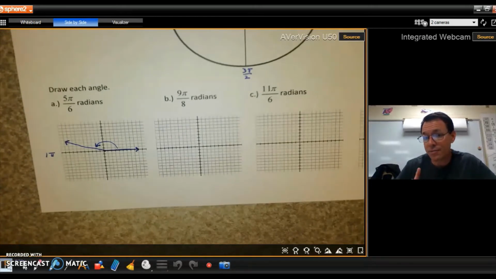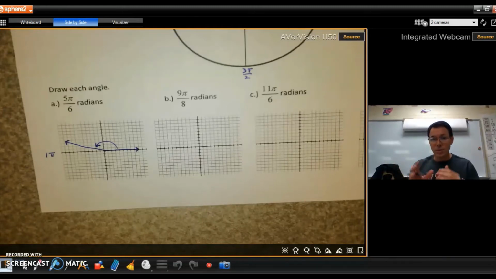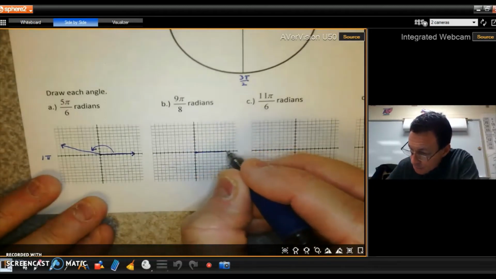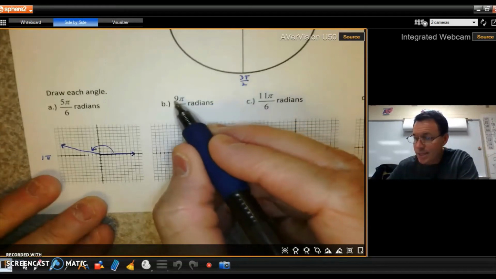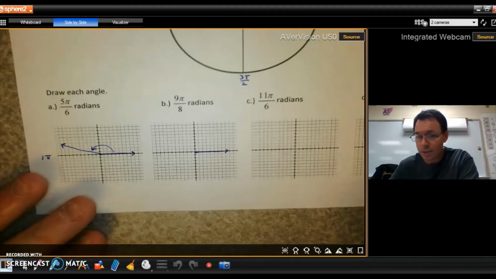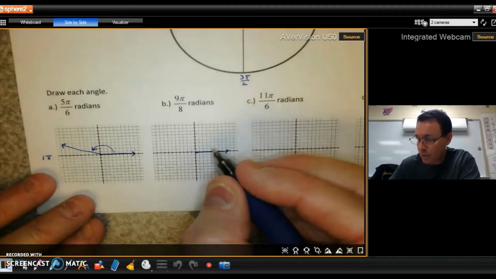So everything is a fraction, and you're thinking in terms of, is the fraction that he gave me a little bit more than 1, a little bit less than 1, is it almost 2, is it a little bit less than 1/2? So look at the next one. Draw your initial side. 9 pi over 8. 9/8 is a little bit more than 1 by an 1/8. Now I don't know exactly what an 1/8 of a radian looks like.